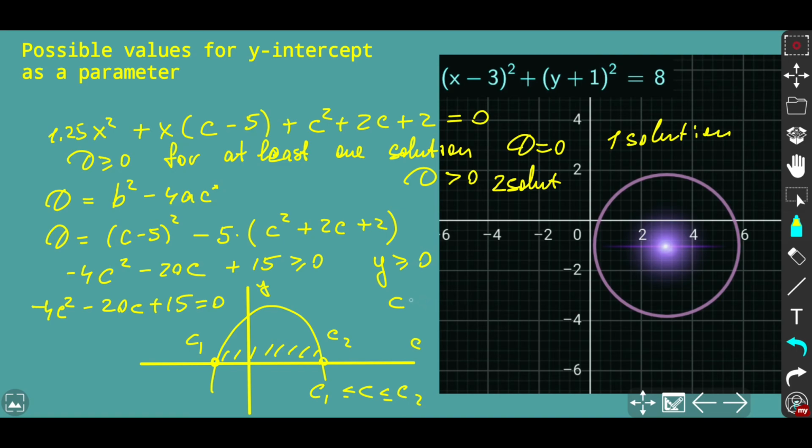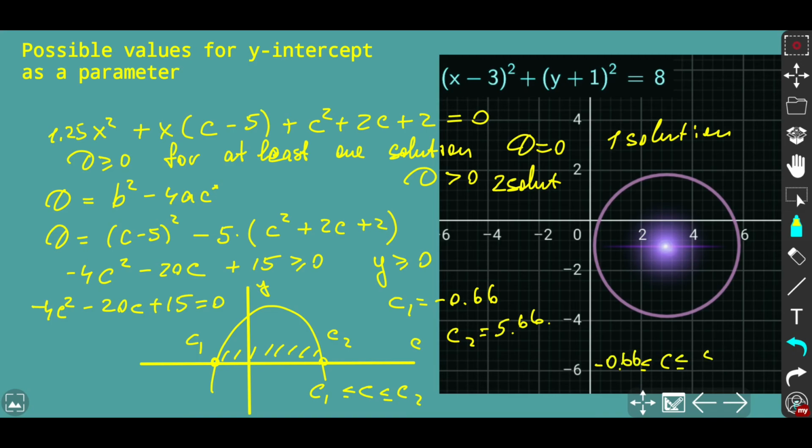If I use minus, I'll get c equal to negative 0.66, and when I use plus over there, I'll get 5.66. Okay, so my final solution, I found the values, and I can say that for c values from negative 0.66 to 5.66, we will have at least 1 point of intersection. So somewhere in between, that's going to be 2 points definitely. And that's how you can solve it graphically.